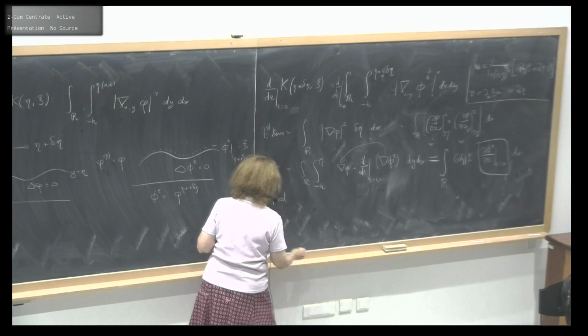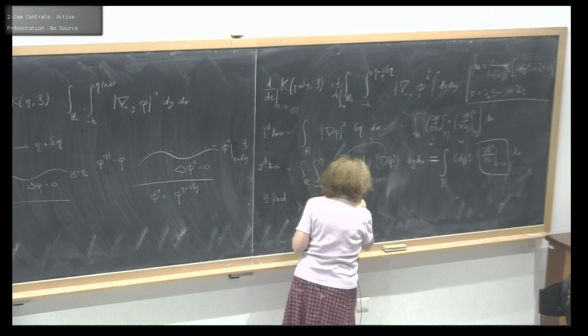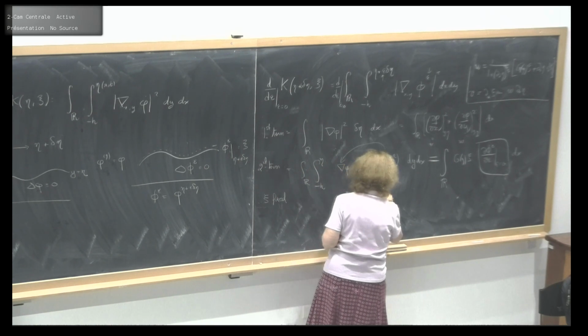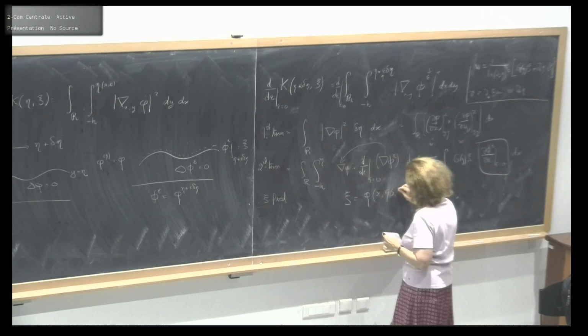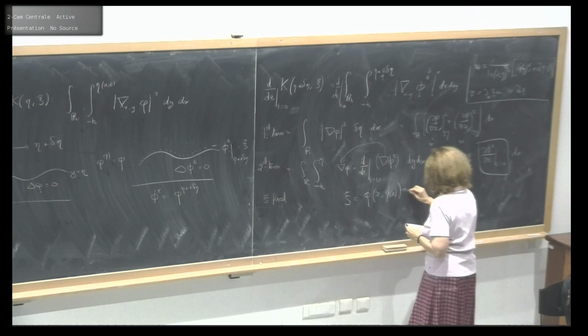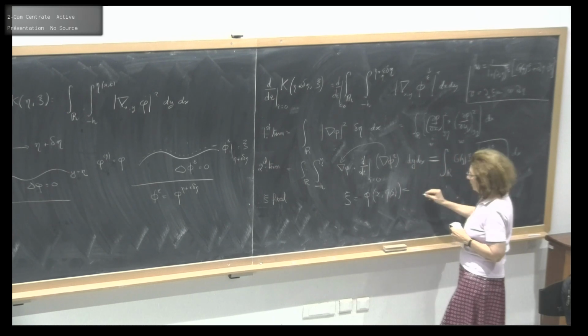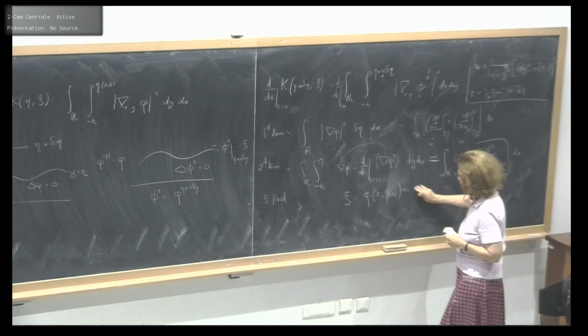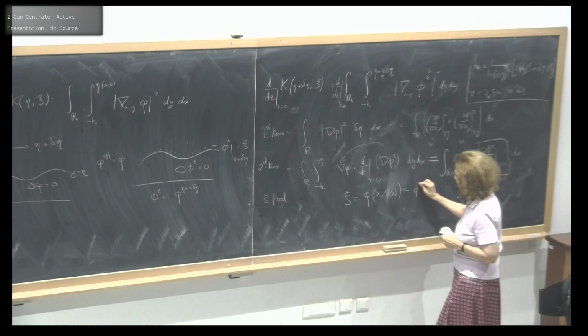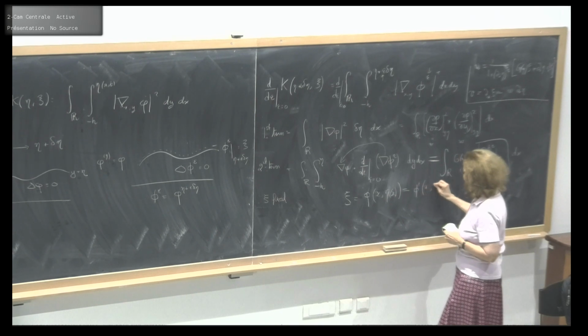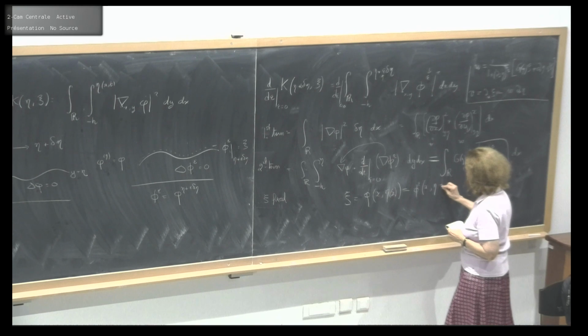So we have the equality xi equals phi of x eta of x equals phi epsilon of x of eta of x plus epsilon delta.